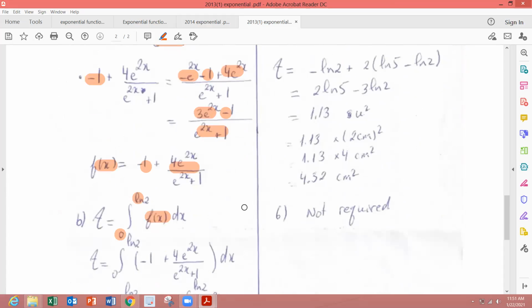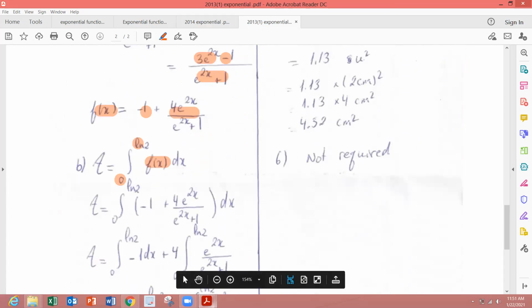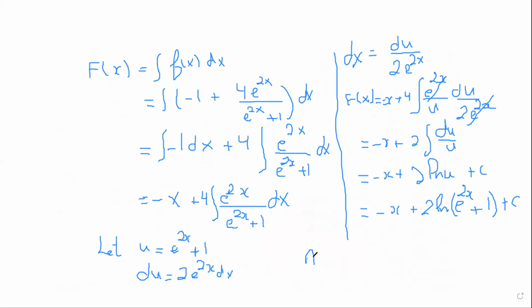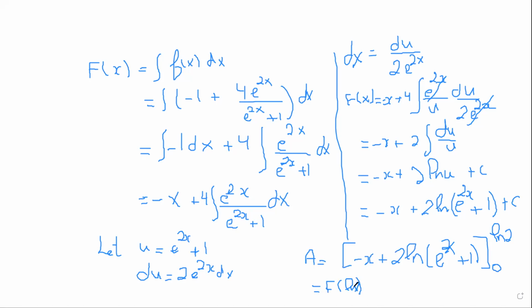The area equals, we found F(x). What did the capital F(x) come out as before? So the area equals minus x plus 2 ln of e power 2x plus 1, between 0 and ln 2. How do we find it? First we replace x by ln 2, so it equals F of ln 2 minus F of 0.